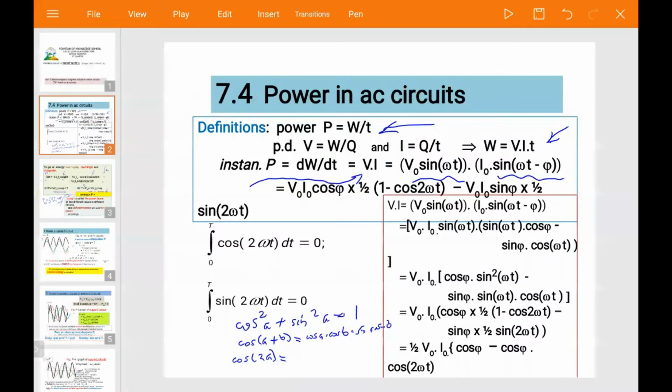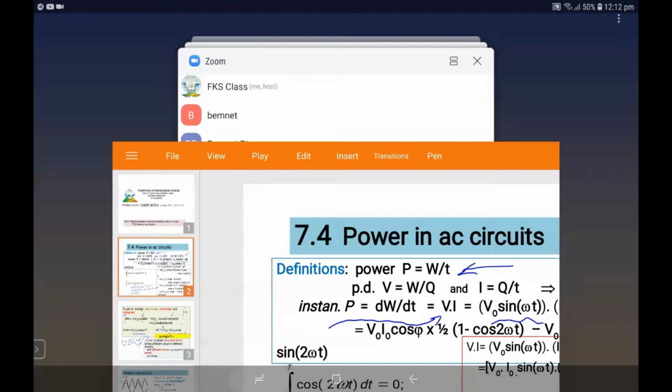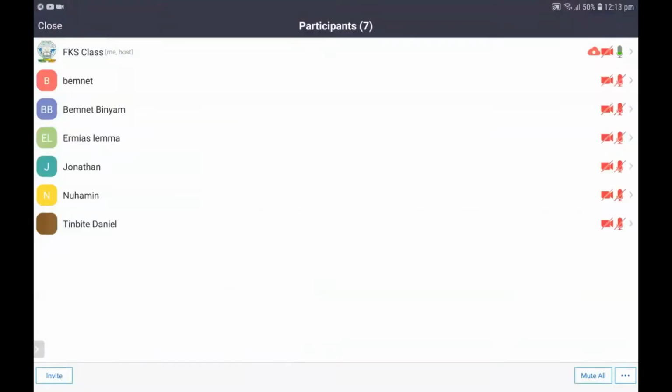Since you're not responding, and I'm not sure whether you understand or not, and you're not asking anything, I can't wait more than that because the person working at my side wants to go for lunch. If it was up to me, I would have waited for 2 more answers until you say something. Don't you understand AC circuit?